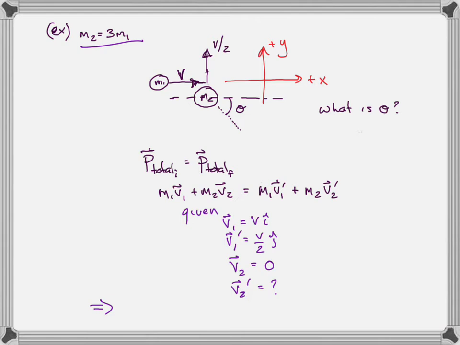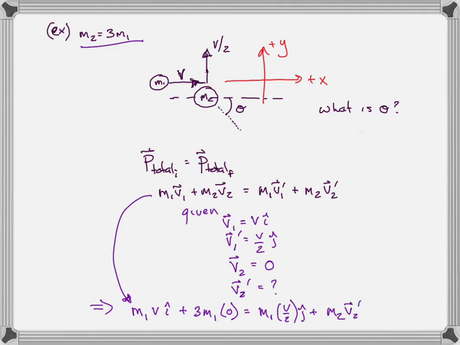So we can write m1 times the initial velocity in the x direction, plus m2, which is 3m1, times v2, which is 0, is equal to m1 v1 prime, which is m1 v over 2 in the j direction, plus m2 v2 prime, which is unknown.